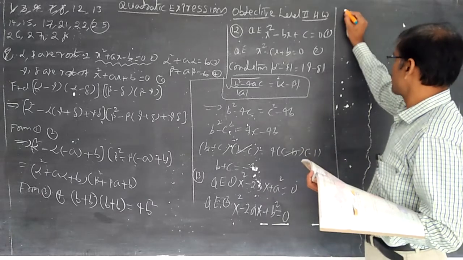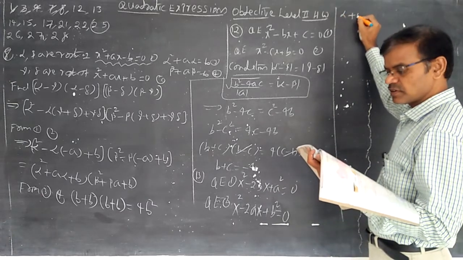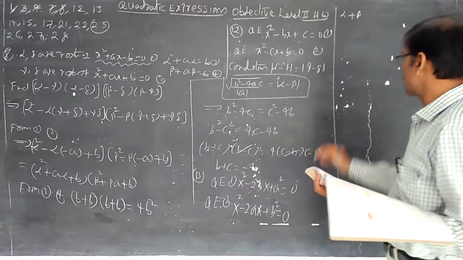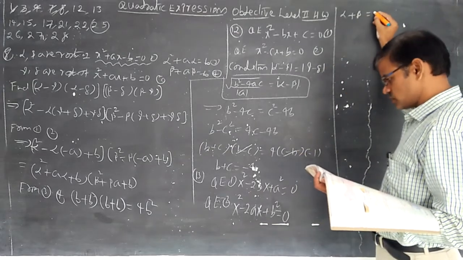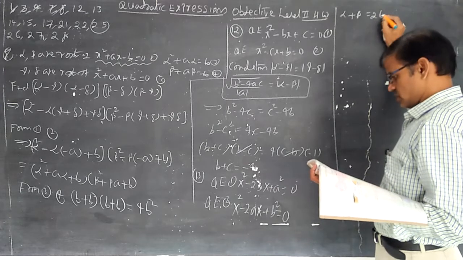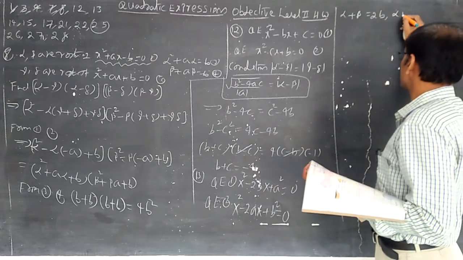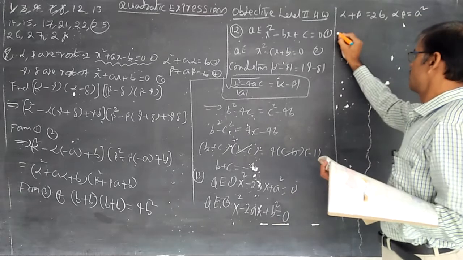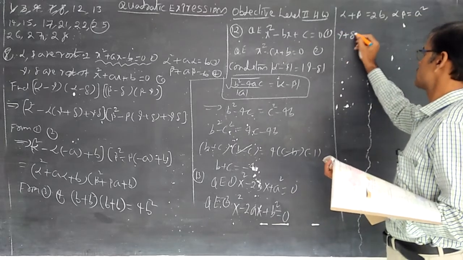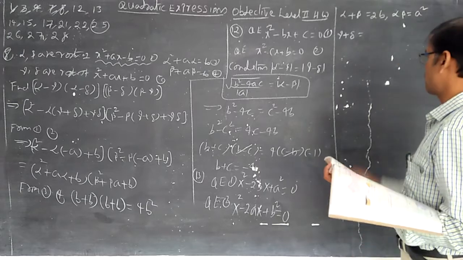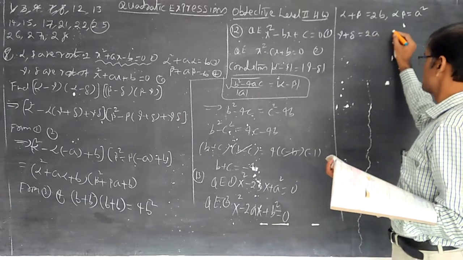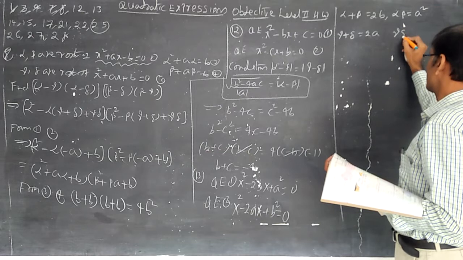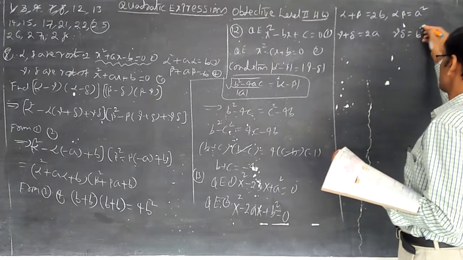So first of all, alpha plus beta, I am writing. First root, alpha plus beta, sum of roots is equal to 2b. Next, alpha beta, product of roots is equal to a square. Next let us write gamma plus delta. Gamma plus delta is equal to 2a. Next you can write gamma delta is equal to b square.